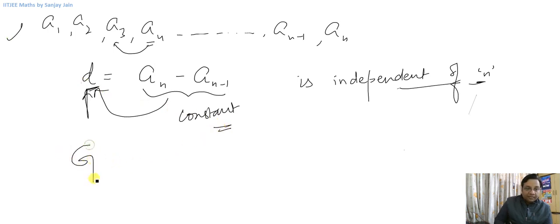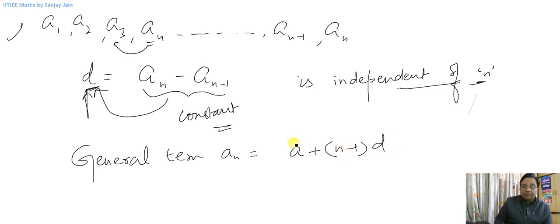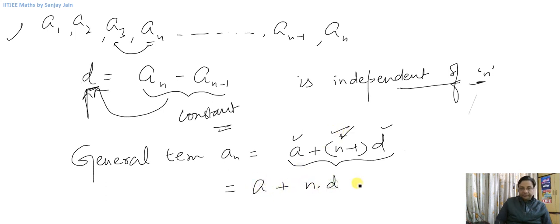Second thing, we talked about the general term, that is an, right? It is equal to a plus (n minus 1) into d, where a is the first term, d is common difference, and n is the number of terms. Now if you observe this expression, let me open this bracket first, a plus n into d minus d, or you can write it like this, a minus d plus n into d, right?